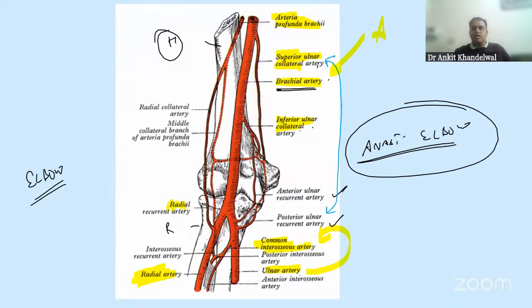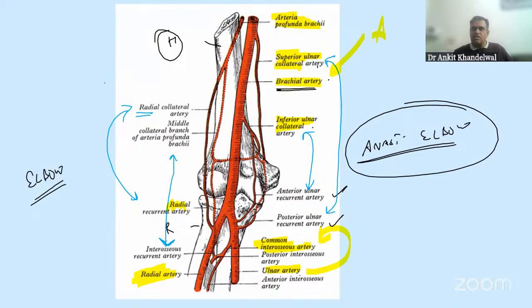The inferior ulnar collateral artery goes and anastomoses with the anterior ulnar recurrent artery. The radial collateral artery anastomoses with the radial recurrent artery. The interosseous recurrent artery from here anastomoses with the middle collateral branch over here. So very hard to digest. I told you it's not simple. Understand this image.